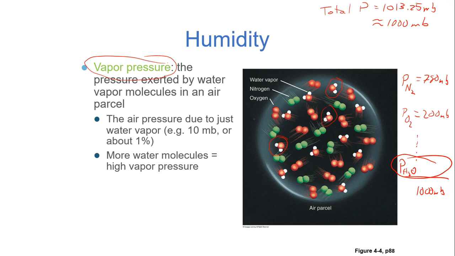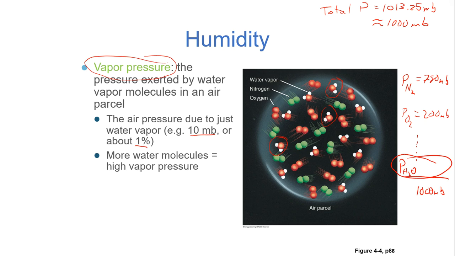That number varies between 0 and 4%, but let's just say for argument, currently it's about 1%. Then 1% of 1000 millibars gives you 10 millibars. So we would be feeling 10 millibars of pressure just because of water vapor. The more water molecules are in the air, the higher the vapor pressure is going to be.